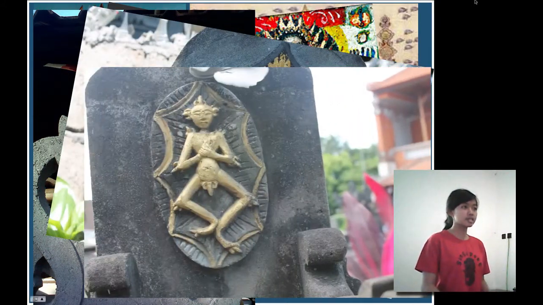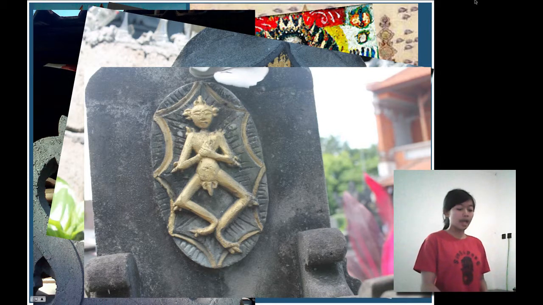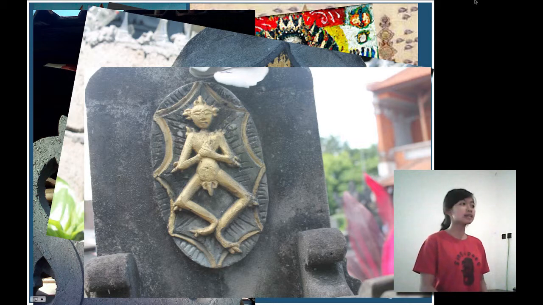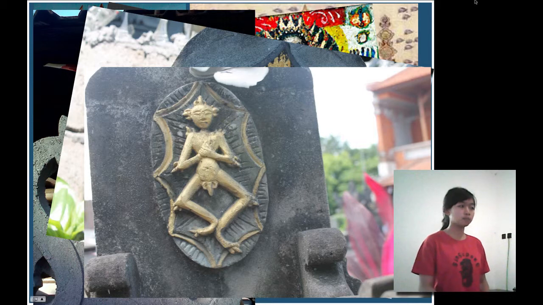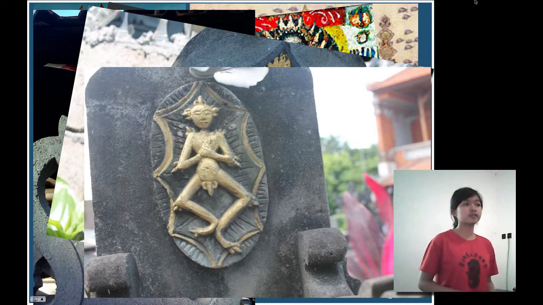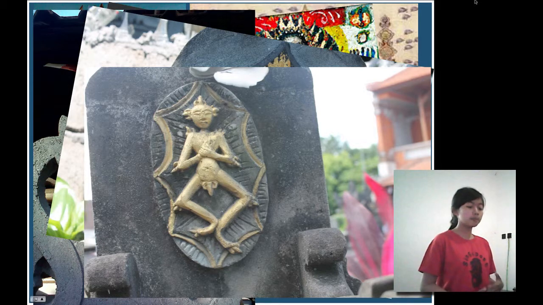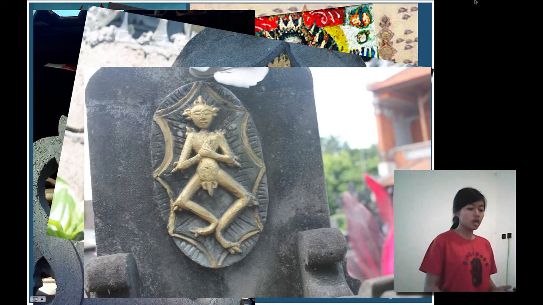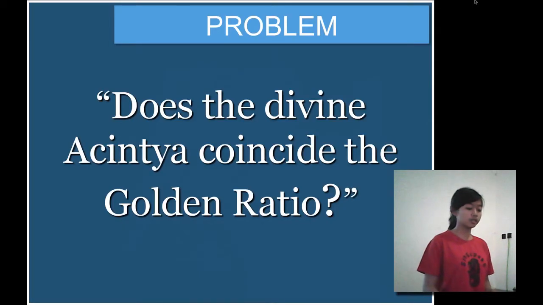In Bali, there is a philosophy that appears in everything, known as Satyam, Siwam, Sundaram. Satya means truth, Siwa means purity, and Sundara means beauty. Because the form of ACINTYA is based on that concept, it could possess golden proportion like the others. So my problem is, does the divine ACINTYA coincide with the golden ratio?